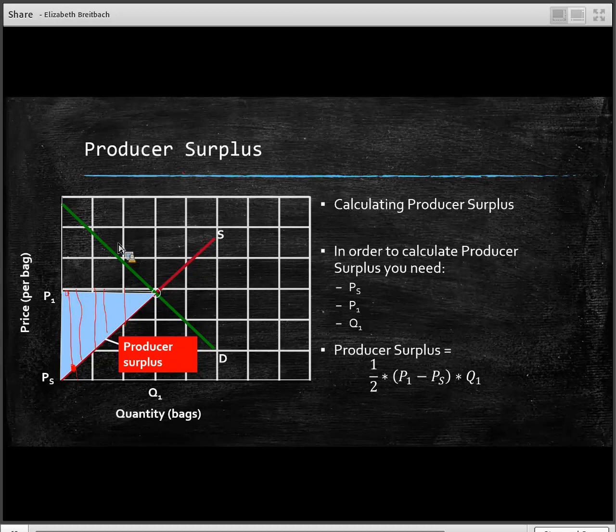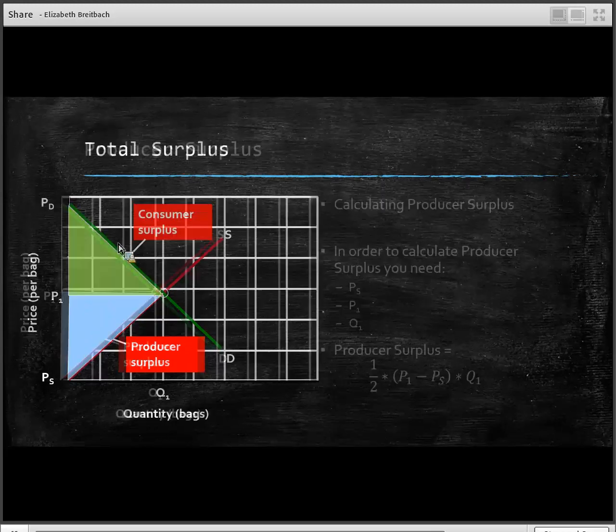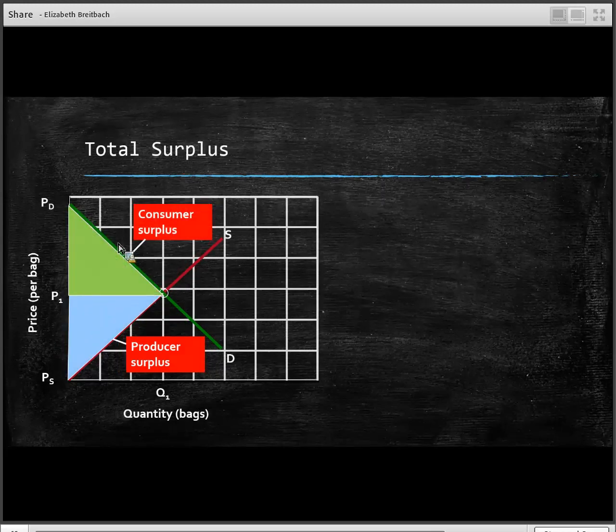All right, and now that we've understood our producer and our consumer surplus, we can bring those together to determine our total surplus. Our total surplus in the market is just consumer surplus plus producer surplus.